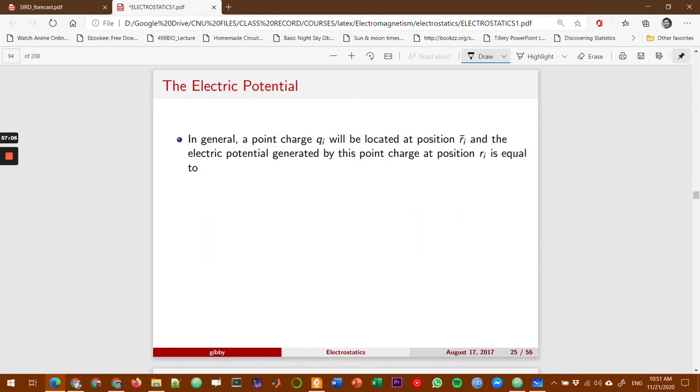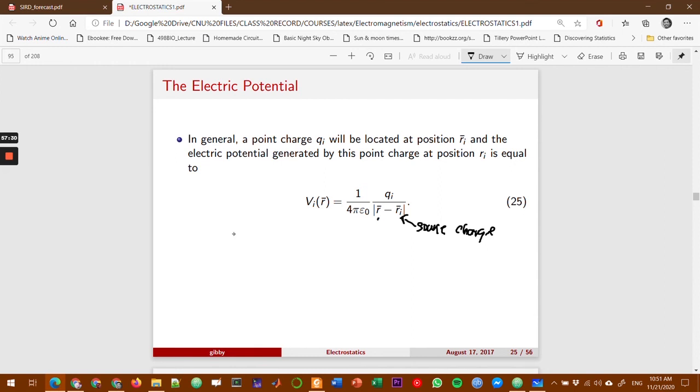So in general, a point charge Qi will be located at position Ri, and the electric potential generated by this point charge at position Ri is given by this. So this one is the source charge.